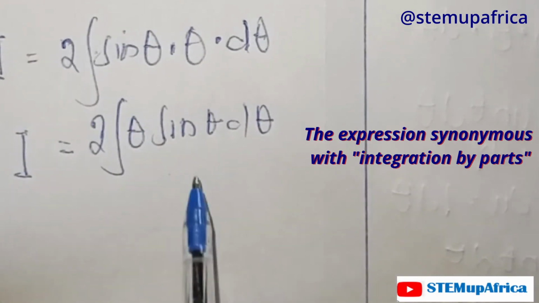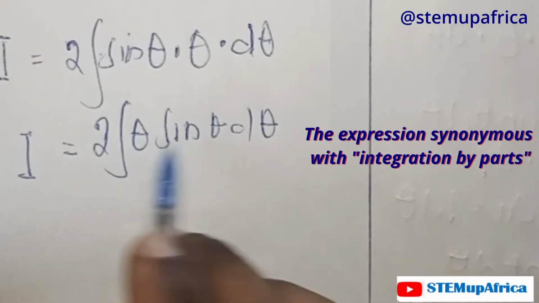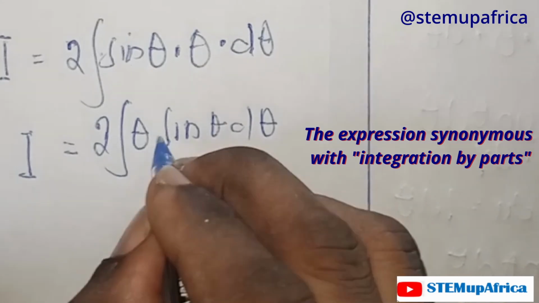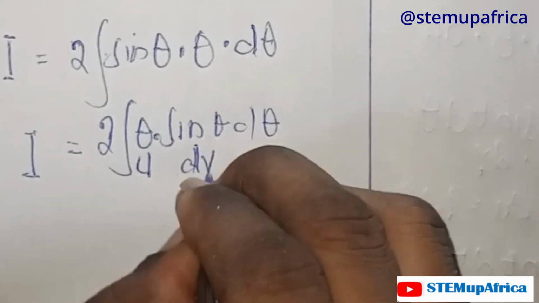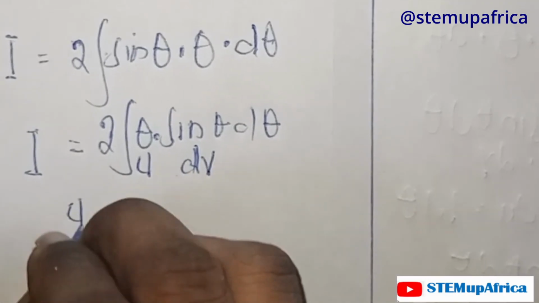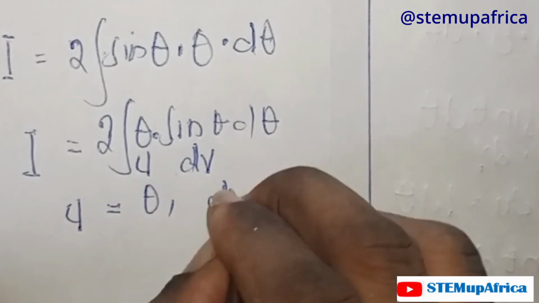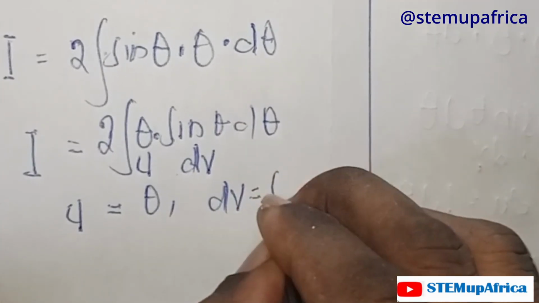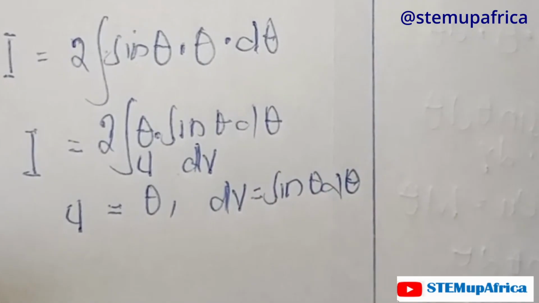If you look at the expression, it's synonymous with integration by parts, where you multiply two different expressions or products. So this is u, I will call this one dv. So my u equals theta, my dv is sin theta d theta.